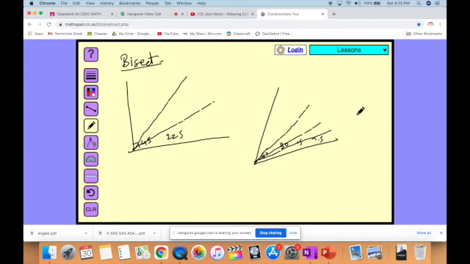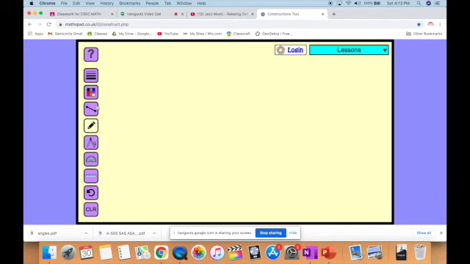So if a question tells you construct a 7.5 degree angle, well, I can't construct a 7.5, no, but I could construct a 60 and then cut it in half to give me a 30, and cut that in half to give me a 15, and then cut that in half and I will have the 7.5. So the bisection of angles, all right?